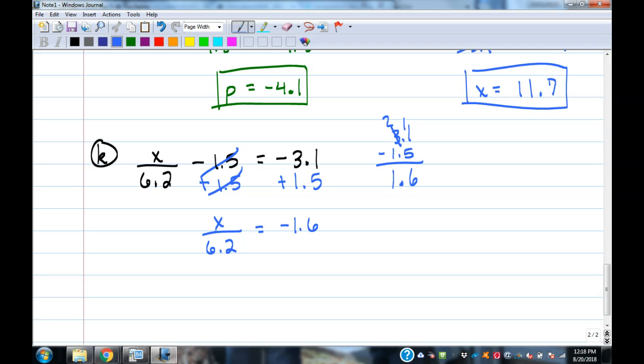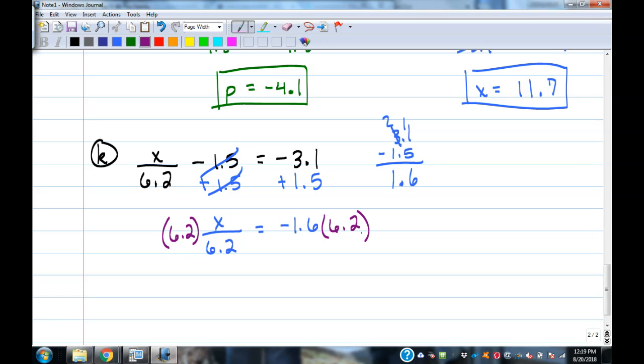Okay? Last step. What do we do to get x by itself? Last one. Multiply by that 6.2.